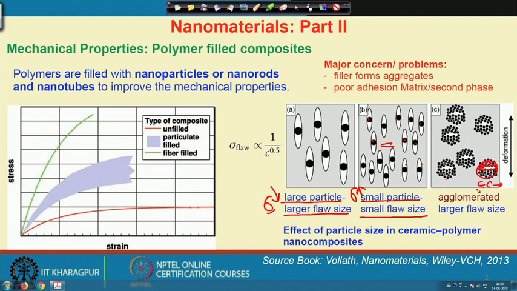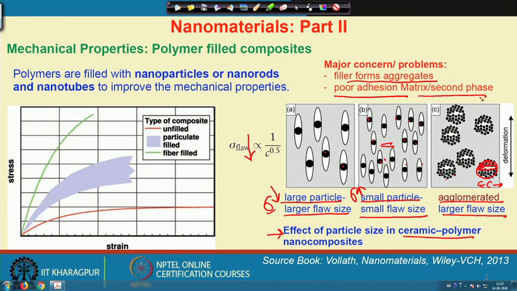Agglomerated particles will effectively increase the flaw size, and therefore the strength will again decrease. You may realize now that the effect of the particle size is important. Let us say I am incorporating a ceramic particle in a polymer, a ceramic polymer nanocomposite, but the distribution of the particle is also important. On the other hand, the adhesion between the matrix and the particle is also important.